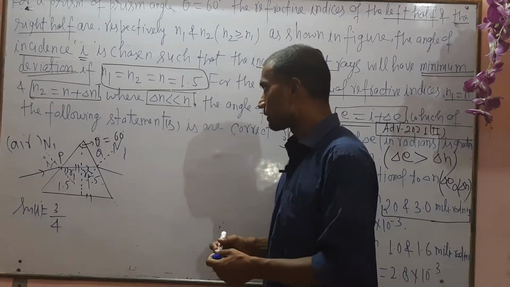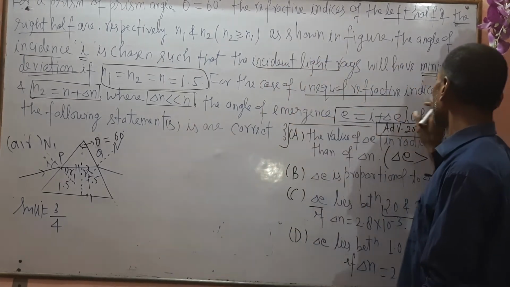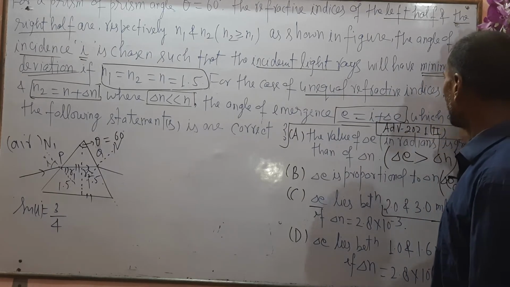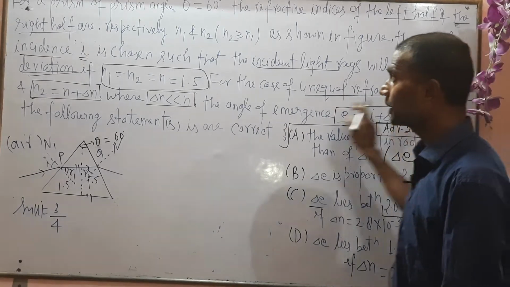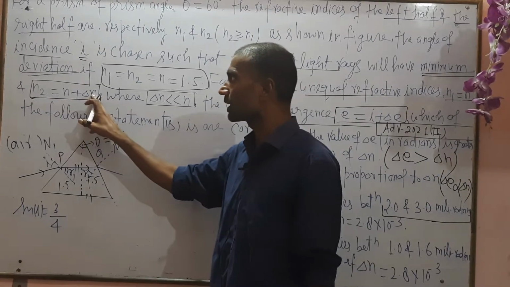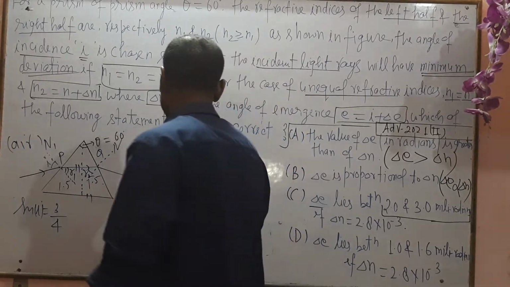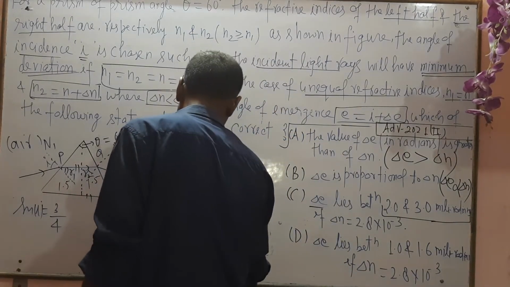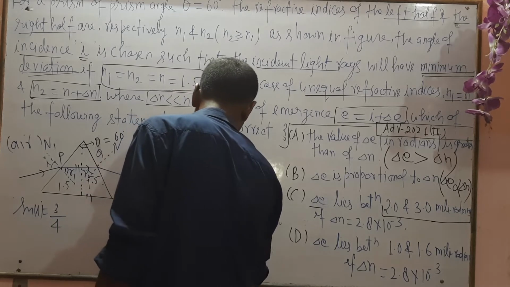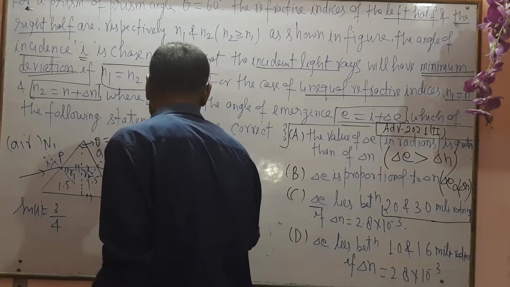Then check the second condition, for unequal refractive indices: n1 equal to n, where n equals 1.5, and n2 equal to n plus delta n. Let us draw the second condition.